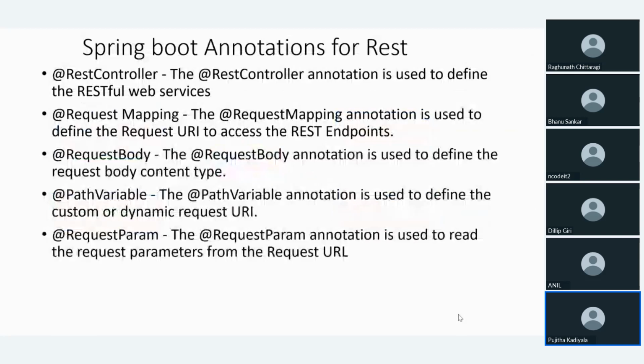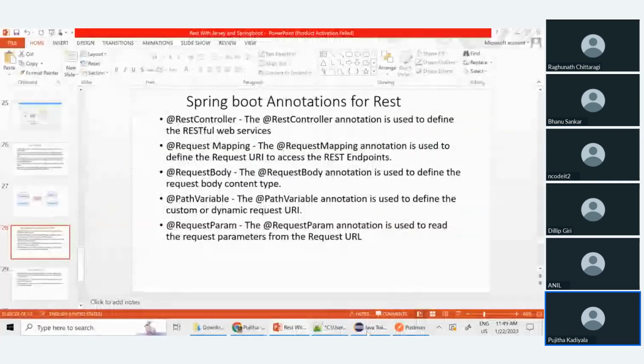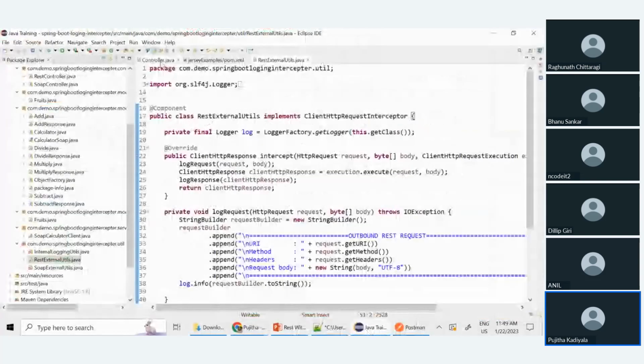And the Spring Boot annotations, you all already saw. If at the beginning of the class you say RestController, it indicates that this is a presentation layer or a controller. We already went through it, but again I'll show you.